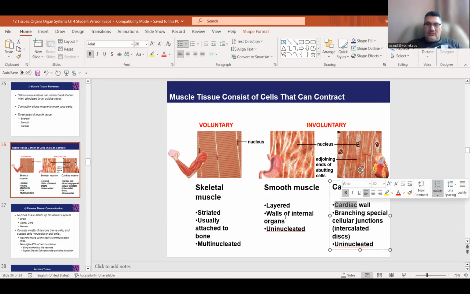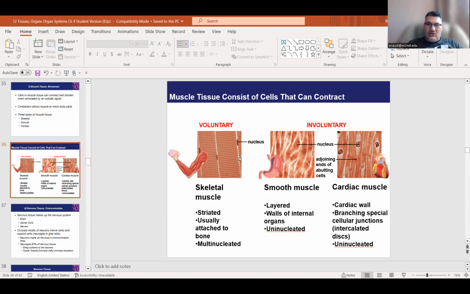It's in the heart. It's also striated, just like this, but it's branching. Look at this striation here. Look, one parallel to one, parallel to one. But look at these layers. It goes like this and then splits, branches. So it is striated, but branching. And there is a unique word here that if you remember it, you get the question right.